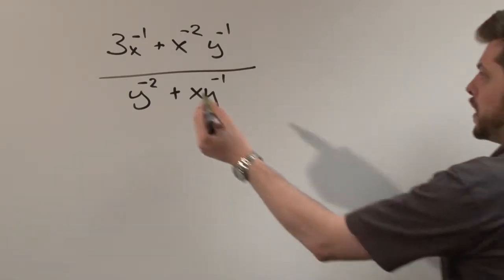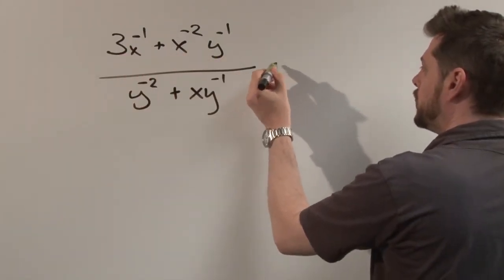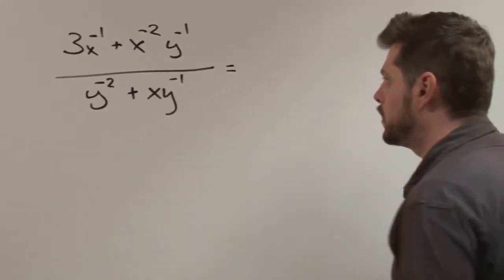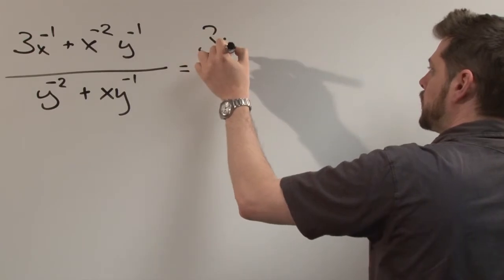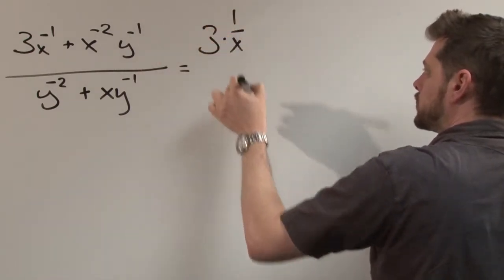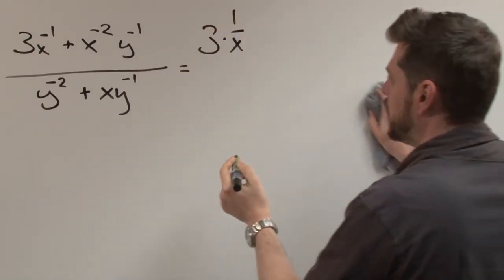So let's start by making sure that we rewrite our numerator and denominator in terms that make sense. What I have in the first term is 3 times 1 over x, which I could write as 3 over x.